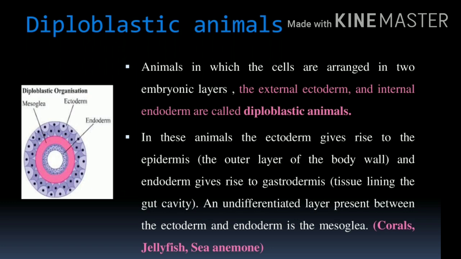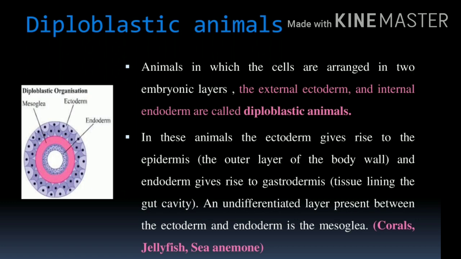In these animals, the ectoderm gives rise to the epidermis, the outer layer of the body wall, and the endoderm gives rise to the gastrodermis. Underline it. The gastrodermis is the tissue lining the gut cavity, that is the intestine region.